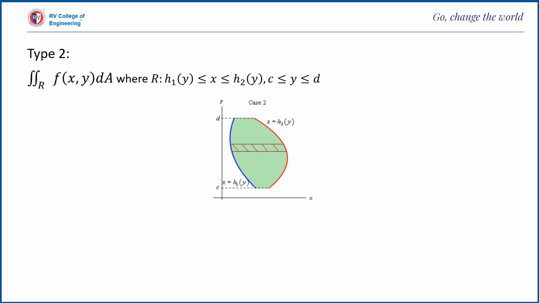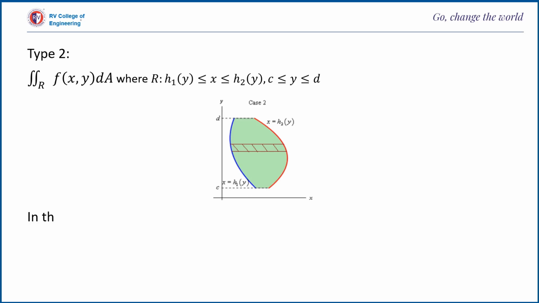So here we consider a horizontal strip. Along the horizontal strip, x varies from h1 of y to h2 of y. This horizontal strip is moved vertically from downwards to upwards, that is from point y equal to c to y equal to d, which covers the entire region R.